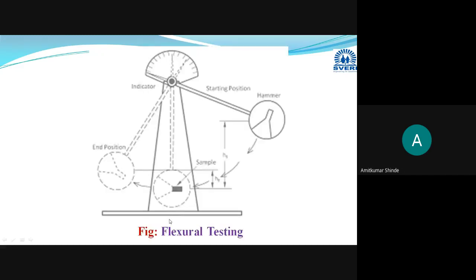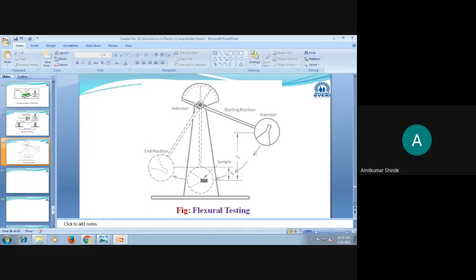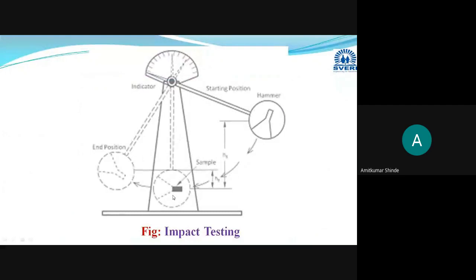Okay, this is the impact testing. This is the third, the impact testing. Now, these will be the last two important testing methods, the impact testing and the tensile impact energy testing.